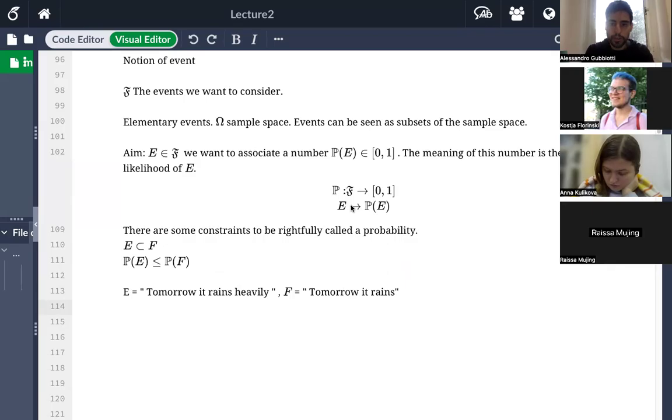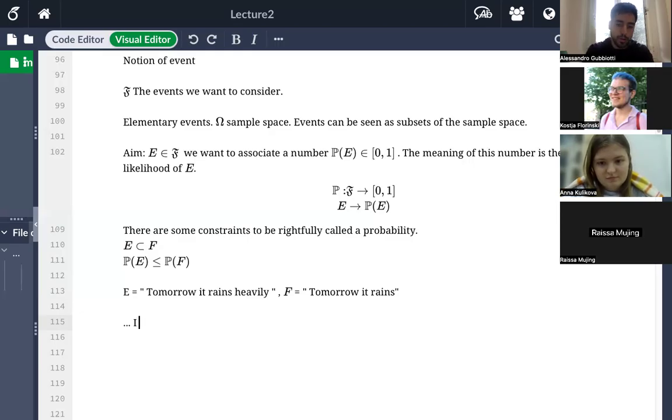So not every number associated to each event is a good probability. So let's see some conditions that P has to satisfy. But I won't give them in full generality simply because it is a little bit technical and we restrict to finite sample spaces.